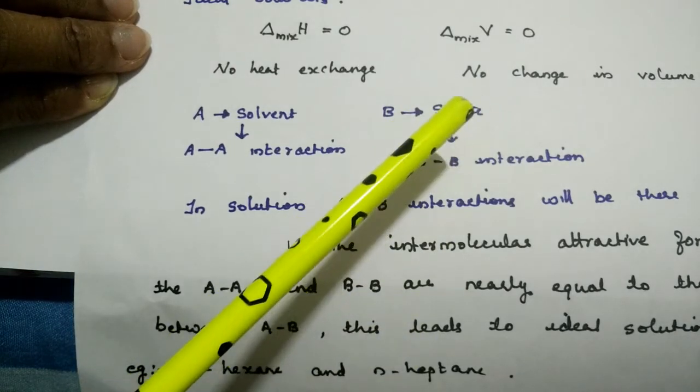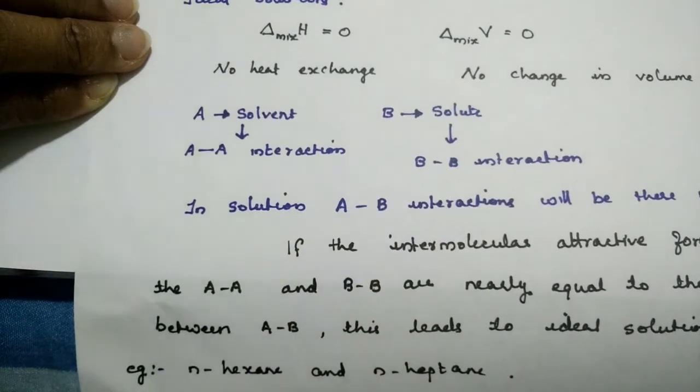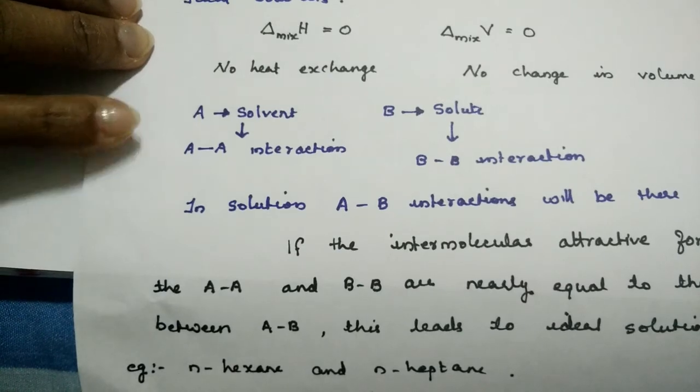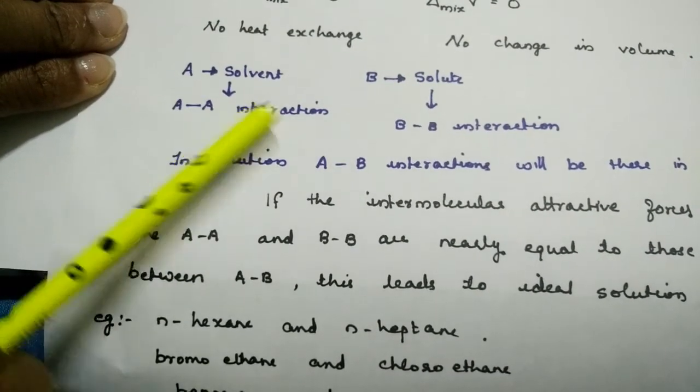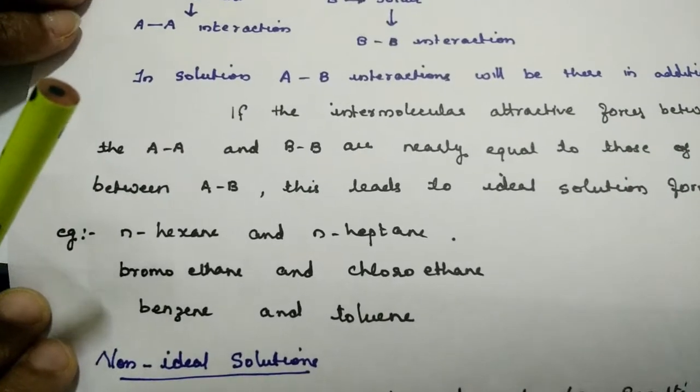And in the pure solute, intermolecular attraction between B and B will be present. When they are joined together to form a solution, in addition to AA interaction and BB interaction, AB interactions also will be present.